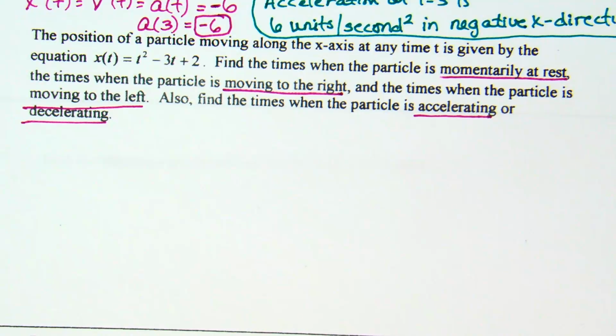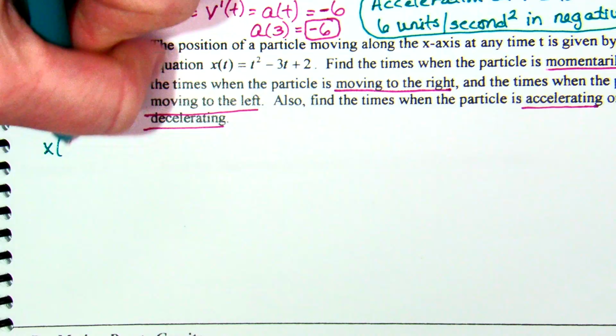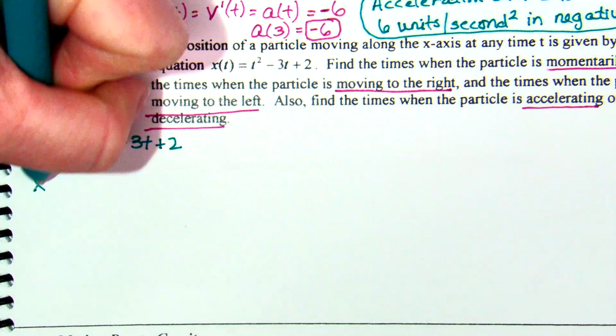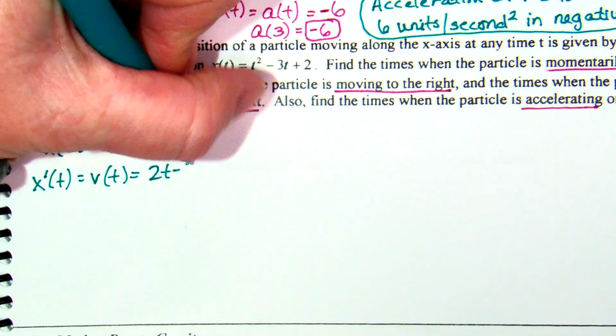So to get started here, we need to find the derivative. So if x of t is given as t squared minus 3t plus 2, then x prime of t, or in other words, v of t, is what's my derivative? T minus 3.